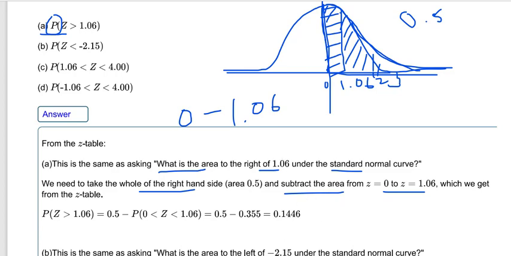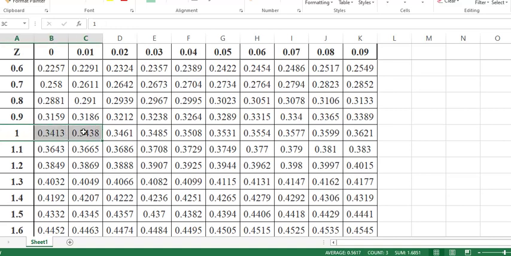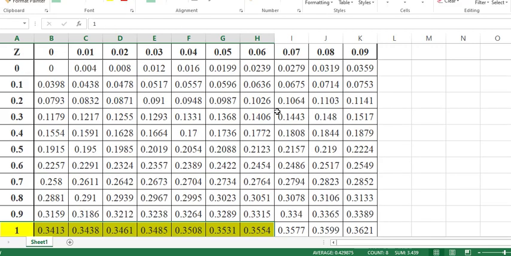What is the z table value of 1.06? How to find it? First of all, in this column take the row of 1, then 0.06.